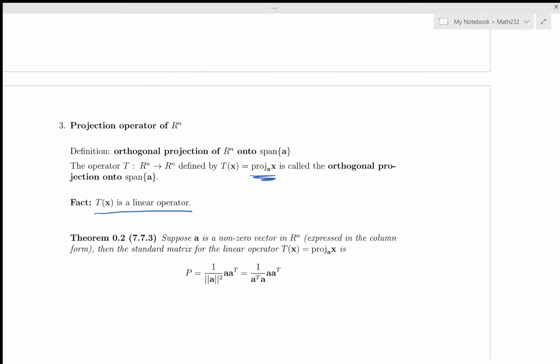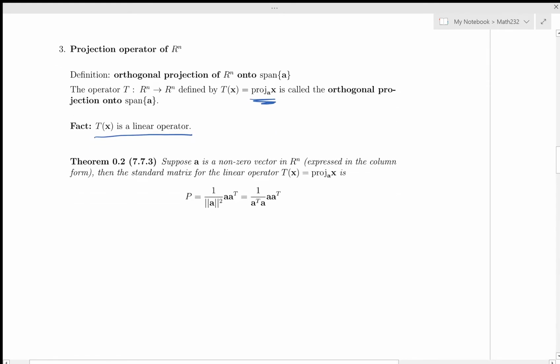It's a linear operator, which means we can represent it as a matrix. In fact, we already knew that, and we saw it on the first slide in R2. So what matrix is that? Well, you can do the usual sort of thing. You can look at the standard basis vectors, figure out what the images are, and then form the standard matrix using those as the columns. When you do that, you get this guy here.